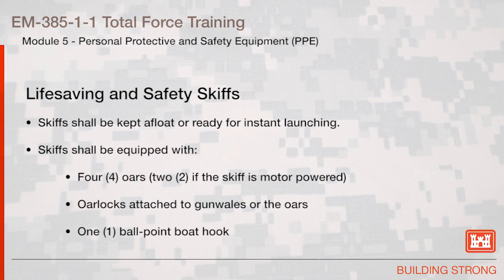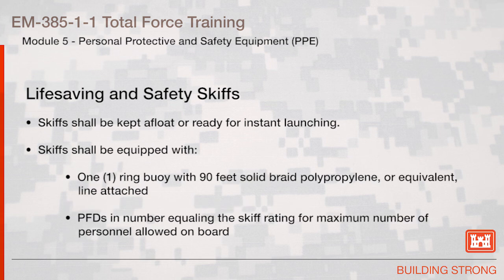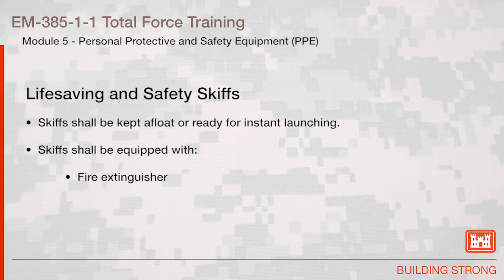Skiffs shall be kept afloat or ready for instant launching. Skiffs shall be equipped with 4 oars, 2 if the skiff is motor powered, oar locks attached to gunwales or the oars, 1 ballpoint boat hook, 1 ring buoy with 90 feet of solid braid polypropylene or equivalent line attached, PFDs in number equaling the skiff rating for maximum number of personnel allowed on board, and a fire extinguisher.